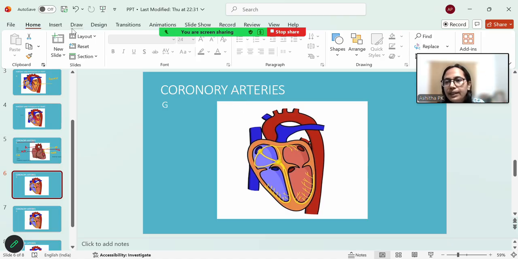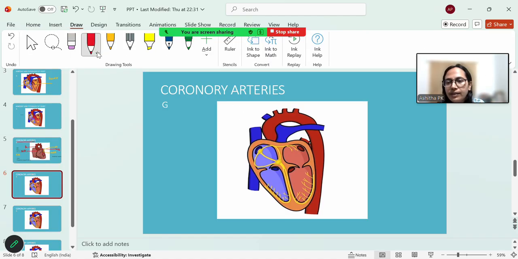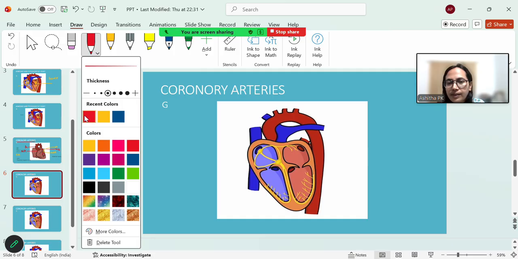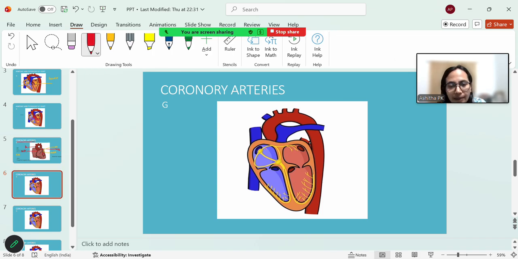First, the impulse is generated from the sinoatrial node. This is the starting point.